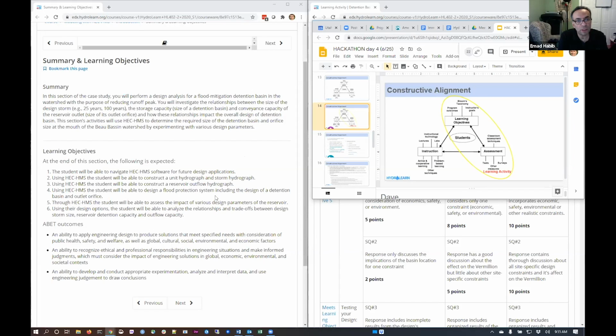When you build your own learning objectives for this module, we have it in the template where you can link it to an ABET outcome. It's probably not here in the rubrics, but we encourage you, when you build the learning objectives early on, to link each to an ABET outcome if it applies to you. Some of us are not in engineering, so that may not apply to them, but you can do it very early on when you build the learning objectives.